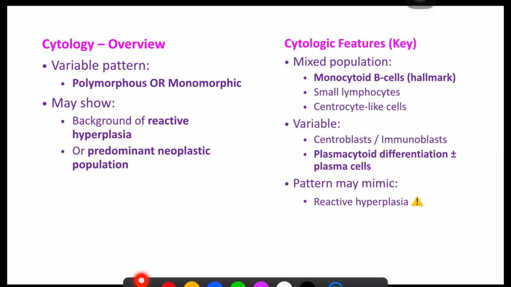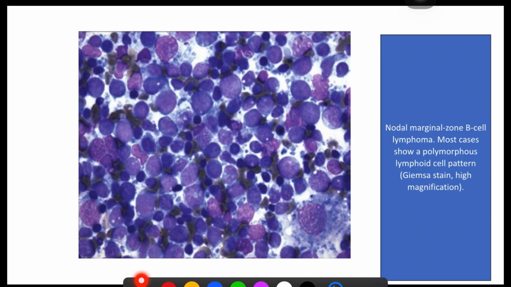So, key features whenever we find a mixed population: monocytoid B cells, small lymphocytes and centrocyte-like cells; centroblasts and immunoblasts show invariable components. There is plasmacytoid differentiation with or without plasma cells present, and the pattern may mimic reactive hyperplasia.